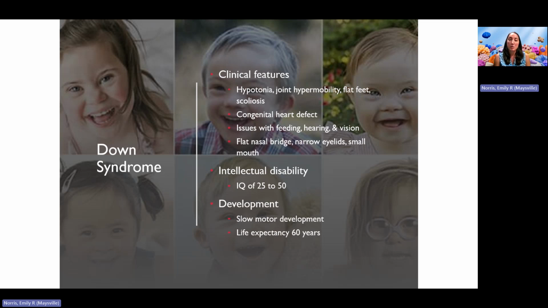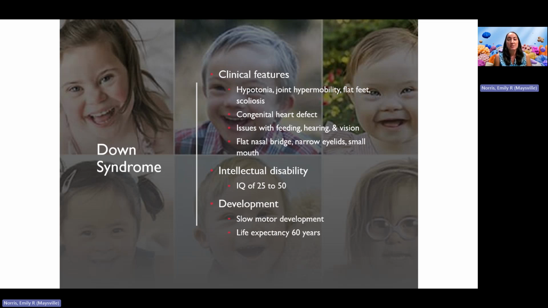Some of the features are low tone, joint hypermobility, flat feet, scoliosis. So those are all some things that we may see and treat in the clinic. They also typically have a congenital heart defect that may or may not cause them to have a surgery or multiple surgeries sometimes. They may have issues with feeding, issues with hearing, and with vision.